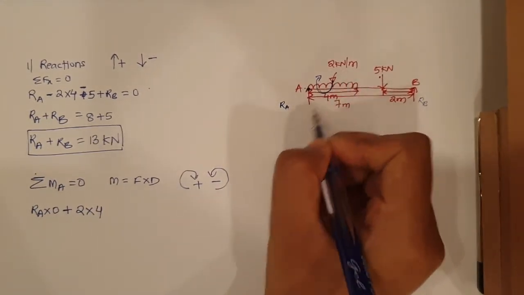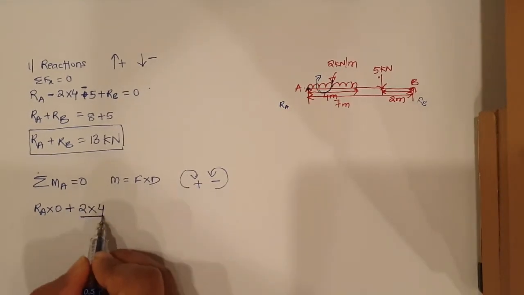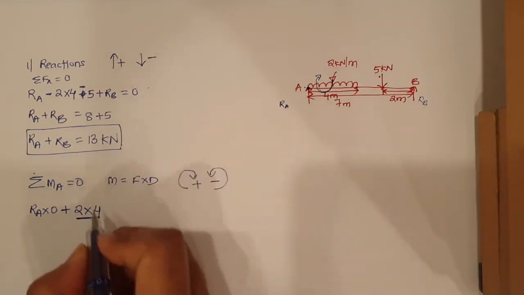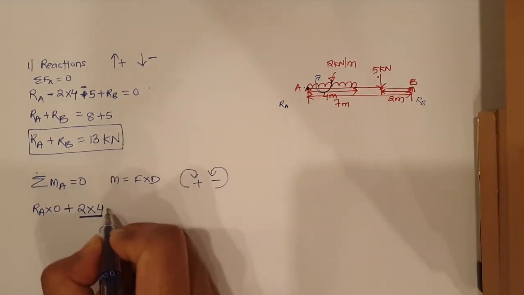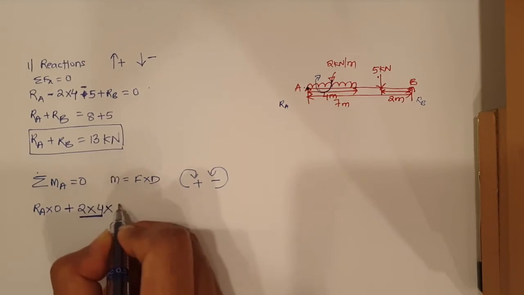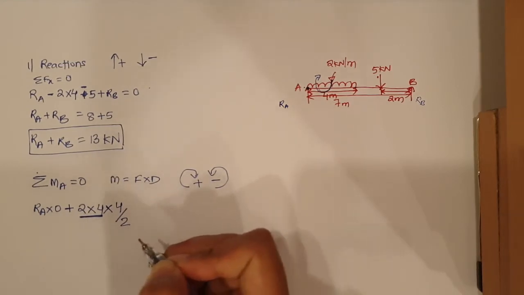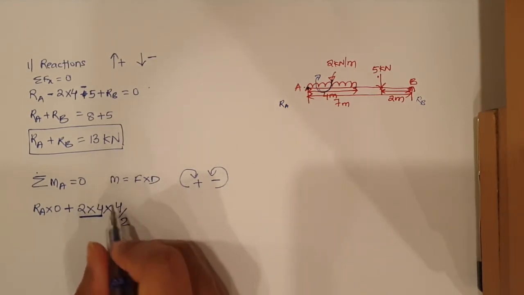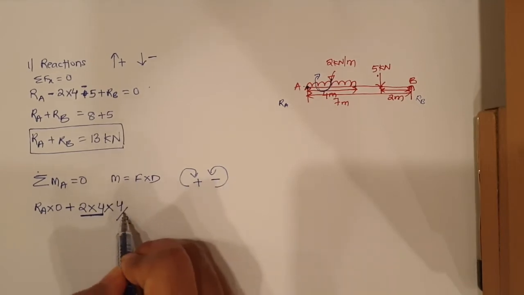Now this is just my load. What will be the distance? The UDL acts at half of its total length, so the distance is 4 divided by 2. This is how the force acts for the UDL: force into distance.